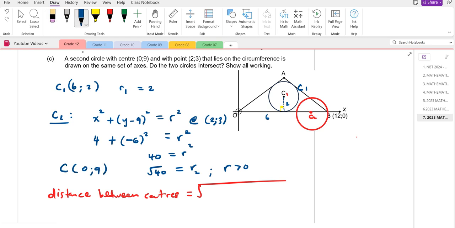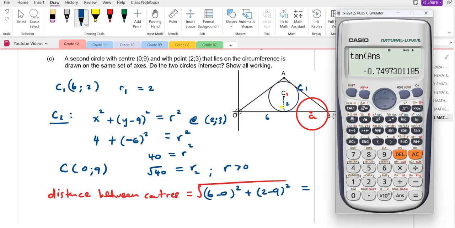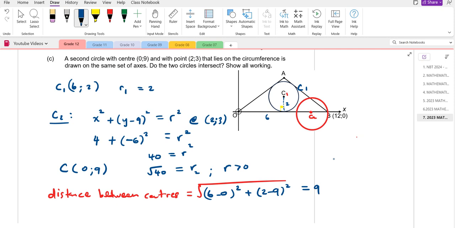So (6 minus 0) squared plus (2 minus 9) squared, and that's equal to, using our calculator, the square root of 36 plus 7 squared, which is 49. I'm getting the square root of 85, which is 9.21. Let's just say 9.2.